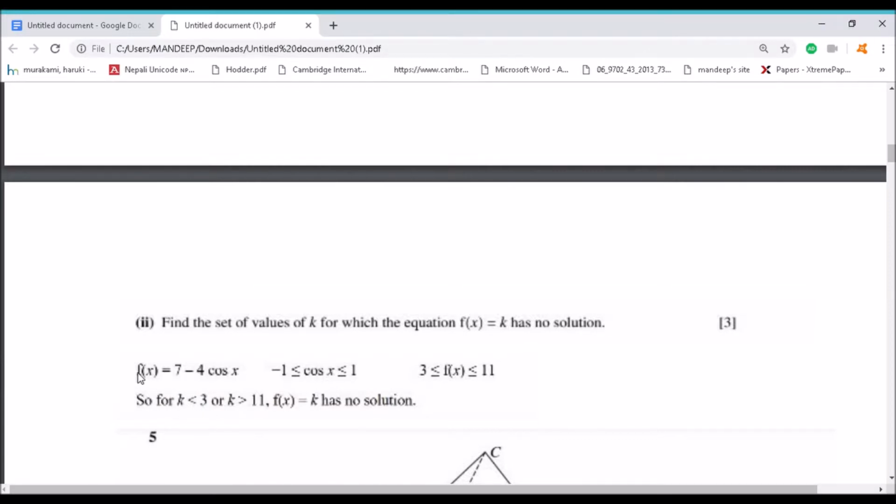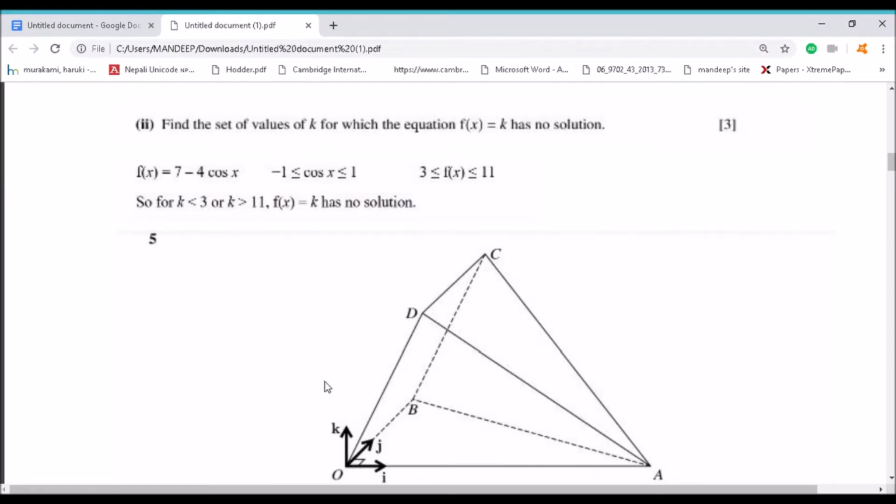But if it's 3.1 you cannot solve. So that's how you put the range. Be careful while putting the sign, because sometimes you might lose 1 or 2 marks, it depends. You might lose 1 mark if you don't write the correct sign. So be careful. Let's move to question number 5.